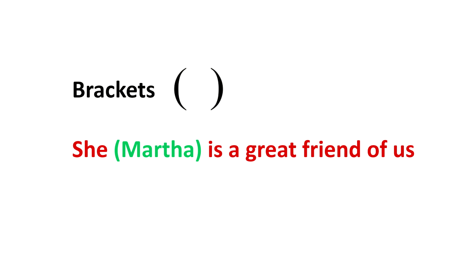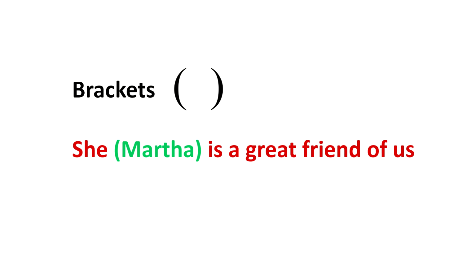For example, she, and in the bracket we write the name of the girl: Martha is a great friend of ours. In this example, Martha is not part of the original sentence. So the editor added it for clarification.